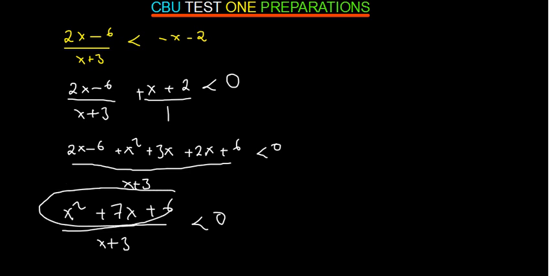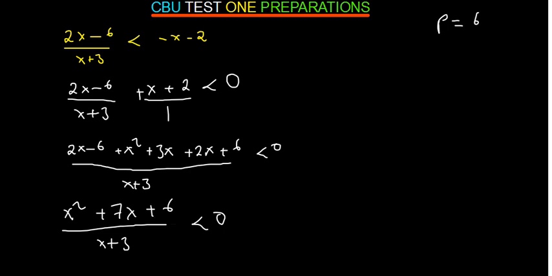Now what is on top, we need to factorize it. So for the one on top, what is going to be the product? Anyone? Okay, the product is a 6, isn't it? You get the number in front of x squared, you multiply by the constant, that's the product.